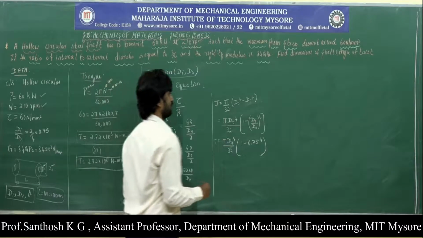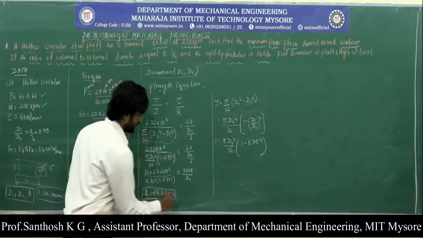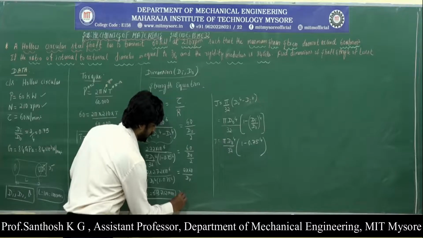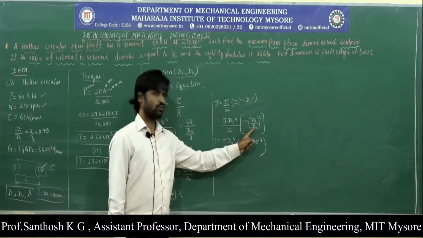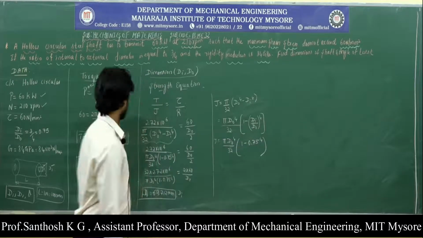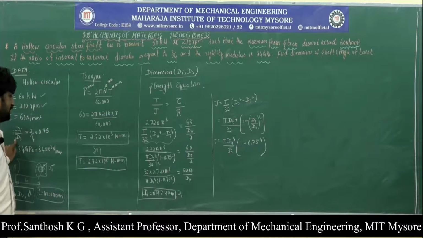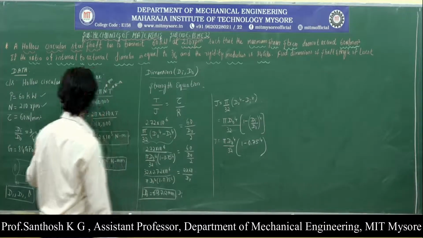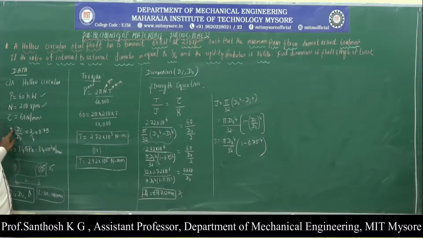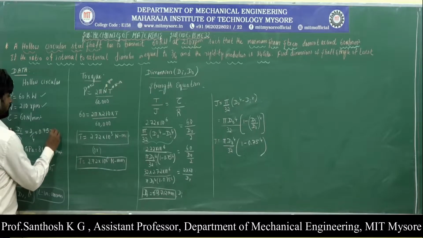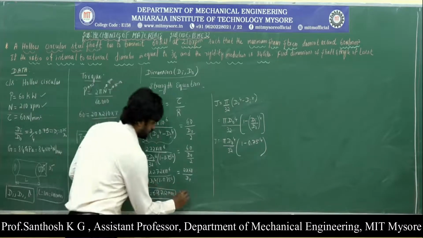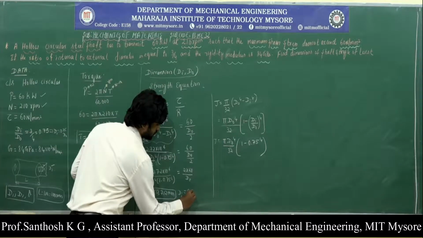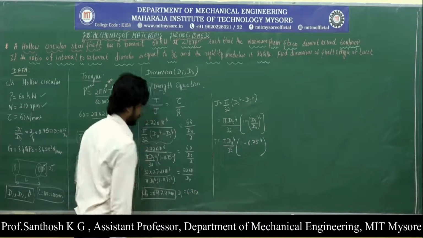So once you get the value of d naught, we can calculate the value of di using the internal diameter to the external diameter ratio. Here di by d naught is 0.75, or we can write the value of di as 0.75 times d naught.